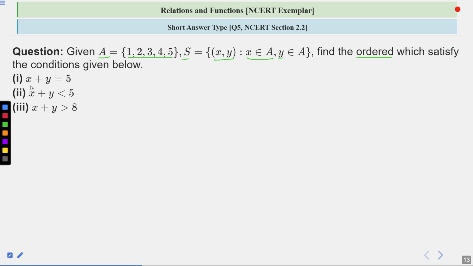First, x plus y must be 5. Second, x plus y must be less than 5. And third, x plus y must be strictly greater than 8. So we have to find such ordered pairs following the conditions.